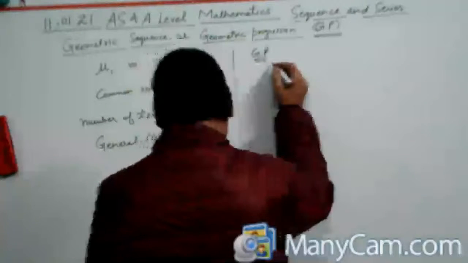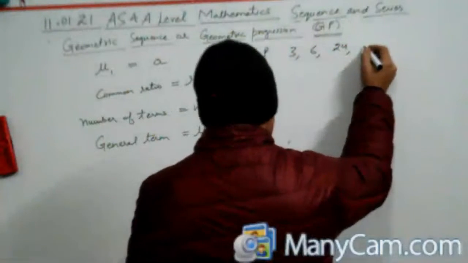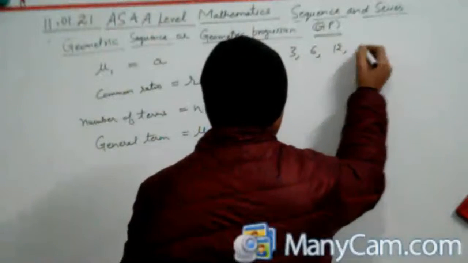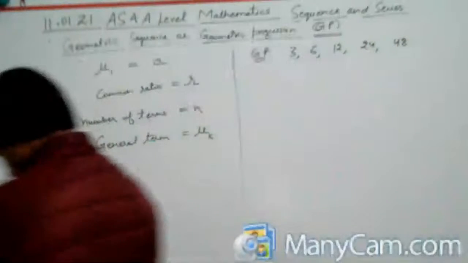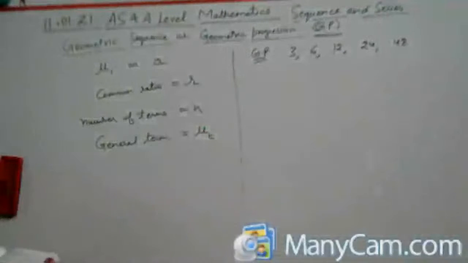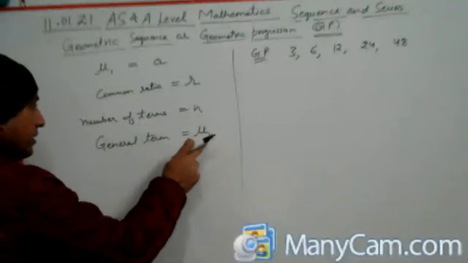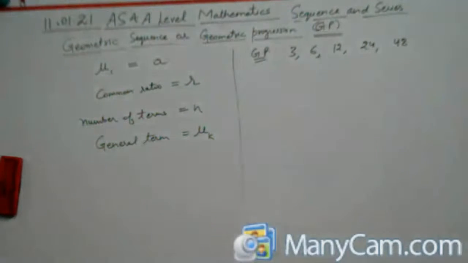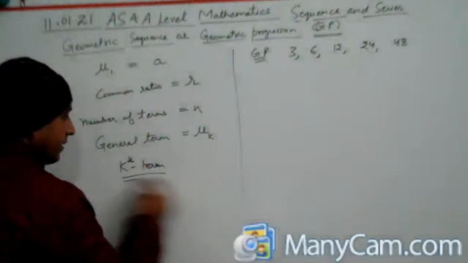For example, if we have a geometric problem, given as 3, 6, 12, 24, 48, and so on. So here, A is the first term, R is the common ratio, N is the number of terms, and UK is the general term.